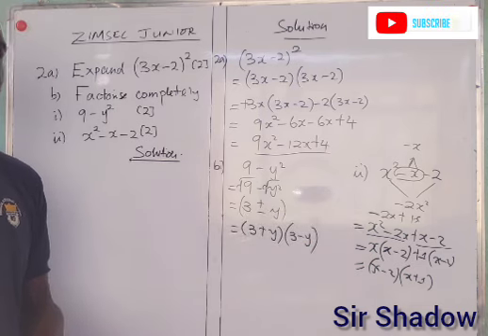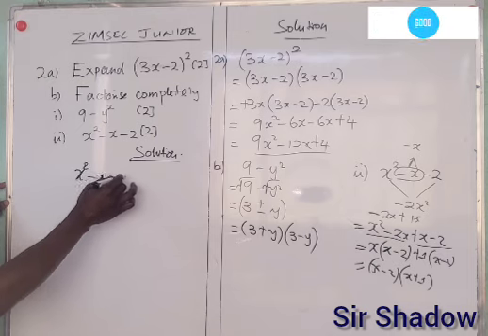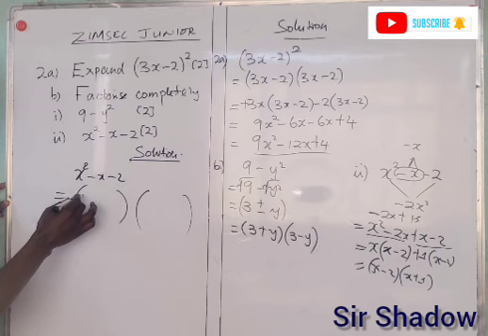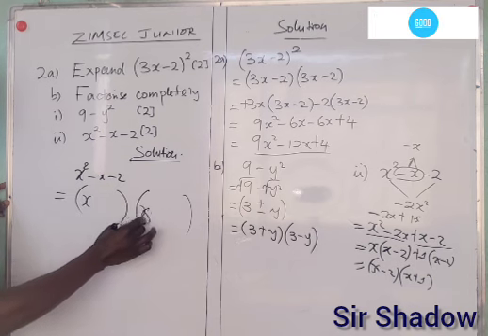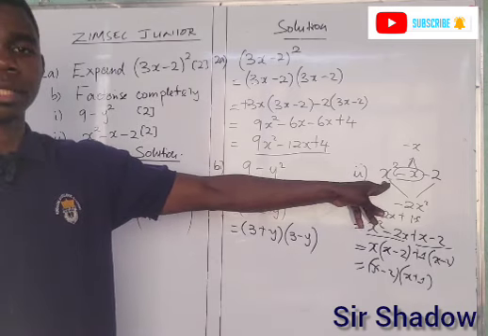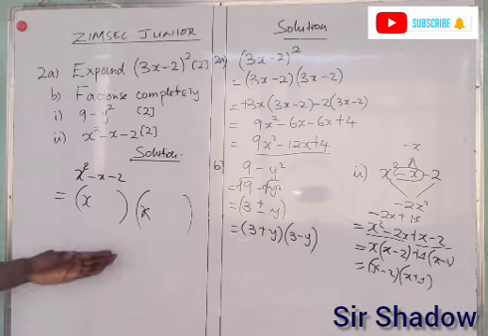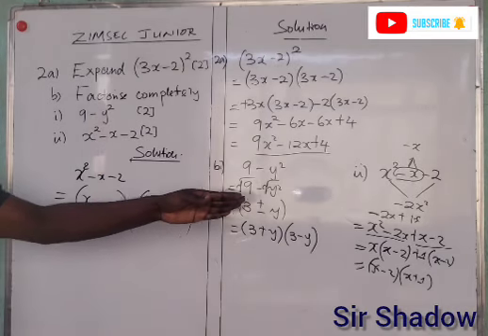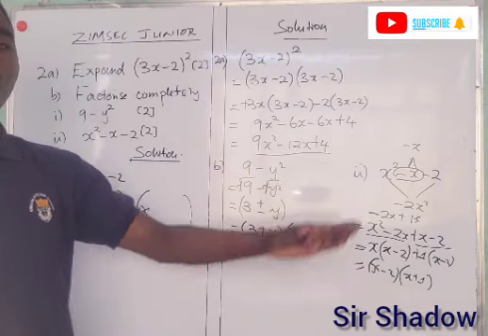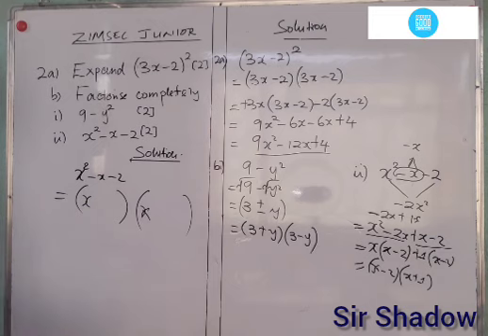And the second method: we are saying x squared minus x minus 2. Using the second method, just note that if the coefficient of x squared is positive 1, this method can apply. And if the coefficient of x squared is any other value or even negative, then apply the first method.